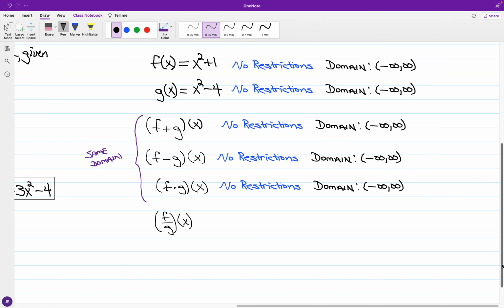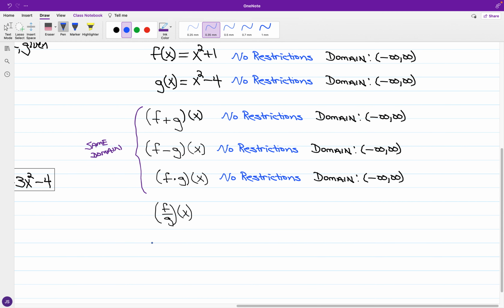And for what we have in this particular regard, just going back to f over g of x, you have f of x over g of x.